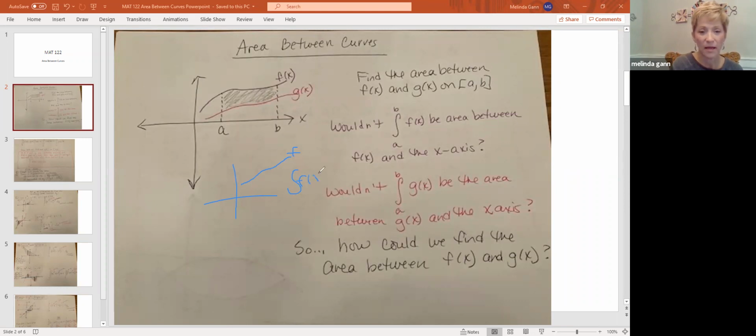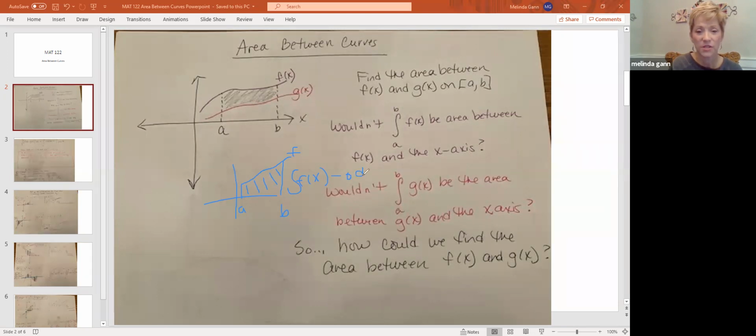From A to B, if this was my A and this was my B somewhere over here, then if I integrated, that would get me all of that area right there. And the reason is this, we're going to talk about this in a second: it's the curve on the top, that'd be f of x, minus the curve on the bottom, which would be 0.